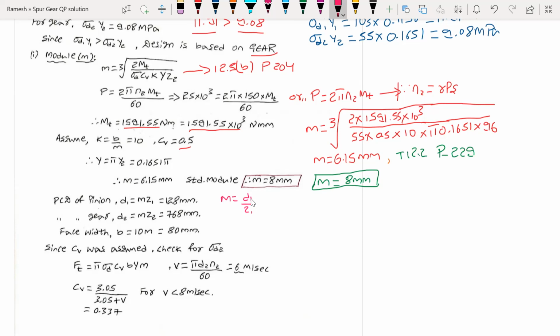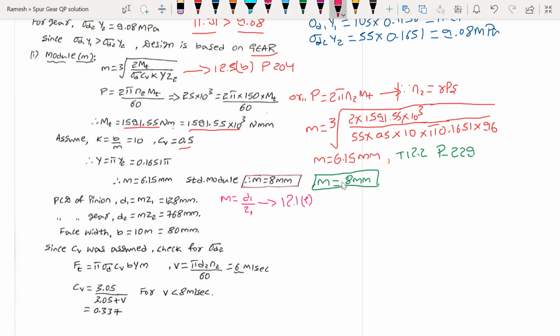If you are taking it for a pinion, you write it as D1 by Z1. If you are taking it for a gear, it will be D2 by Z2. This equation is there in the data book. It is 12.1 E.